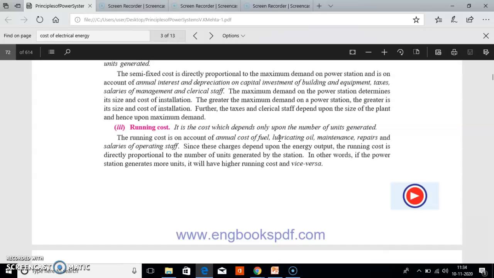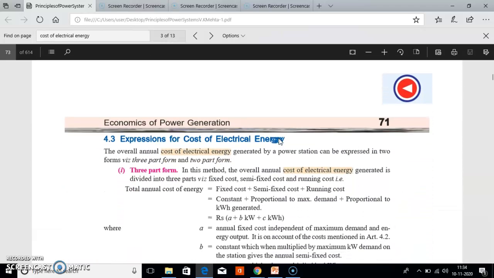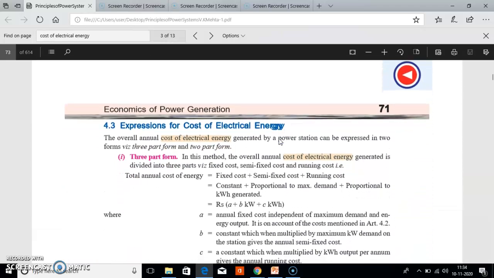That's why the running cost only depends on the number of units generated. This cost is used for annual cost of fuel, lubricating, maintenance, repair, and salaries of operating staff like lineman and overseer.